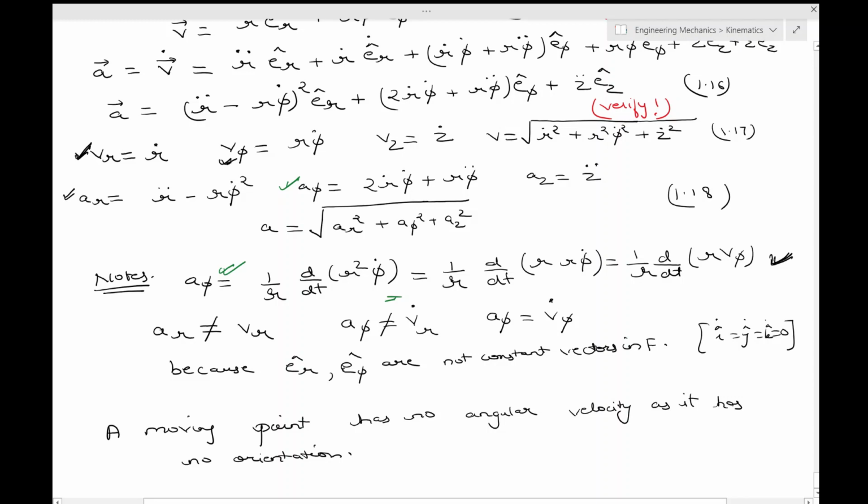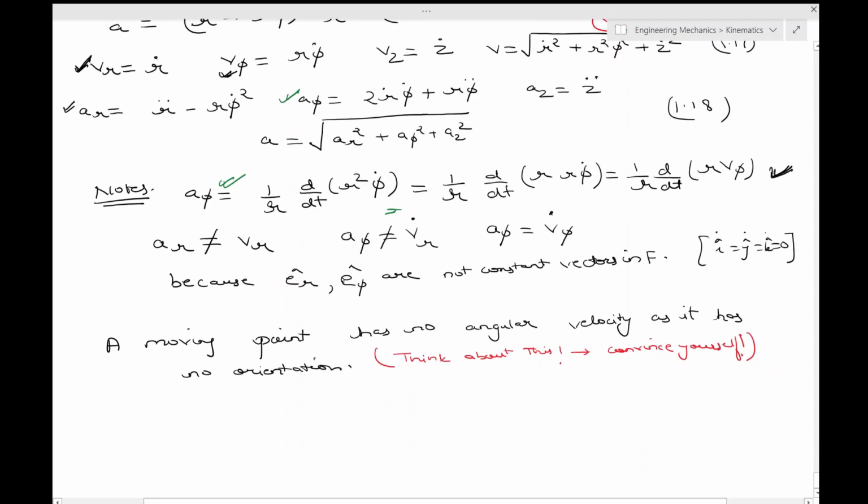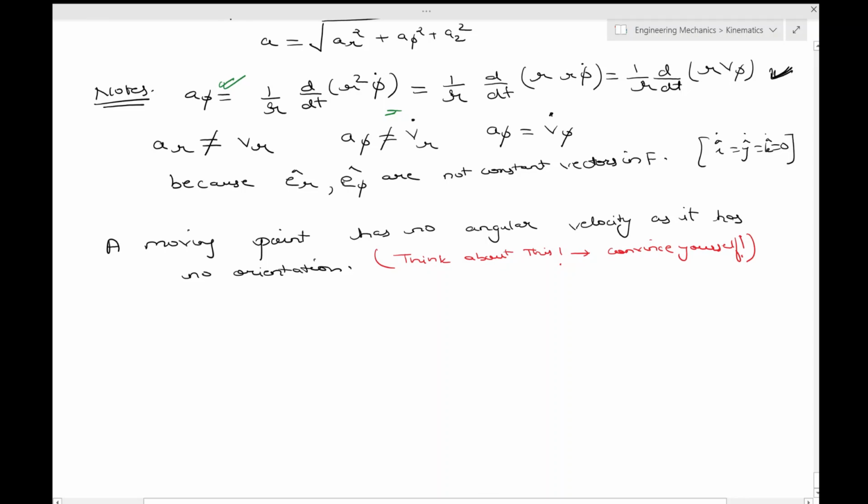You should be able to think about this statement. Why is the orientation needed at all? You have to convince yourself of the statements. If not at first, at some point in the near future, you should be able to understand this.